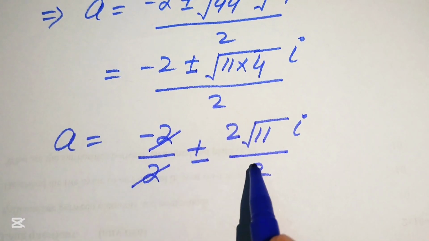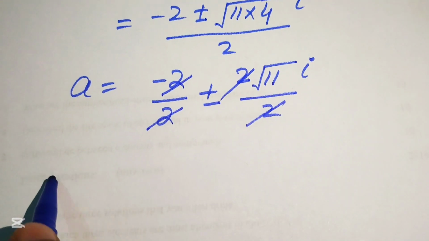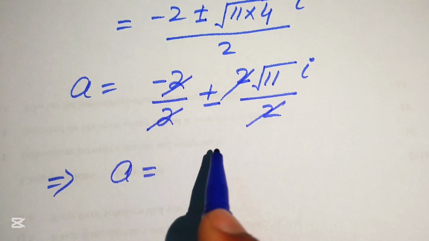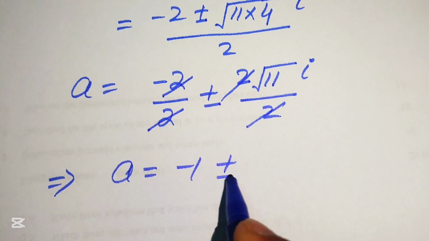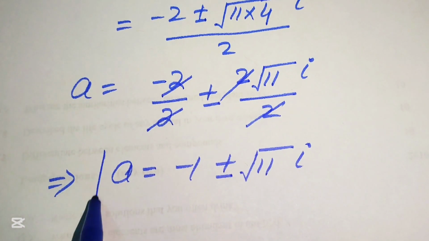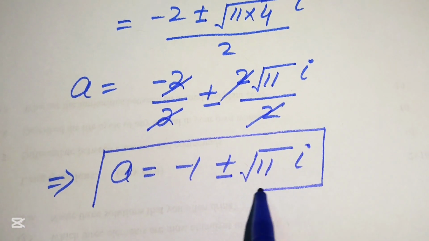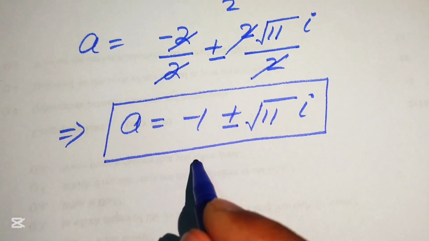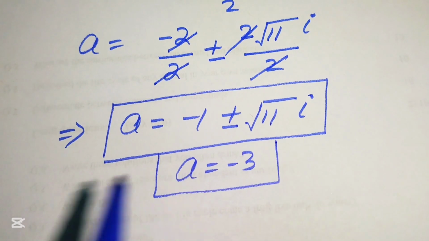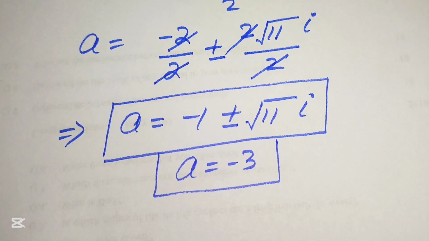This 2 is cancelled out by this 2, and we get the other two values of the given equation: minus 1 plus minus square root of 11 into iota. So these are the two complex roots of the given equation, and we have a equals to minus 3, the real root of the given equation. These are the three roots of the given equation, and this is the final answer.